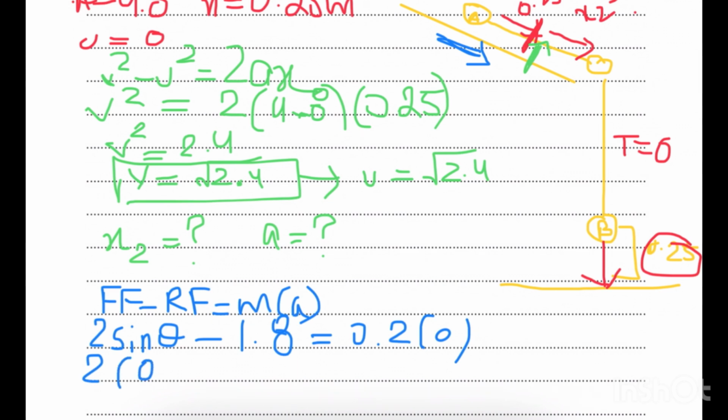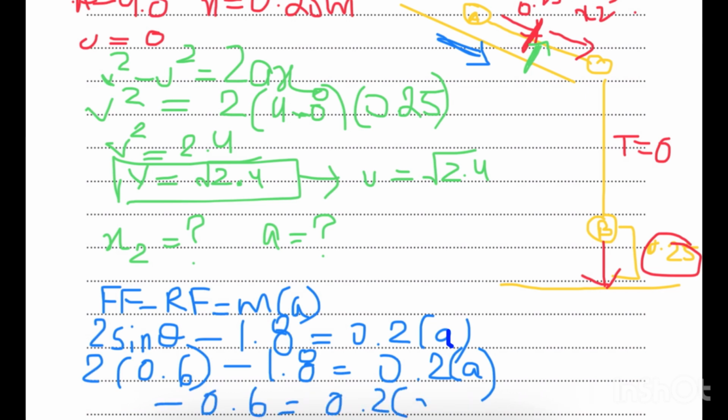So this is 2 times 0.6 minus 1.8 equals 0.2a, and this becomes negative 0.6 equals 0.2a. This means that the acceleration is equal to negative 3.